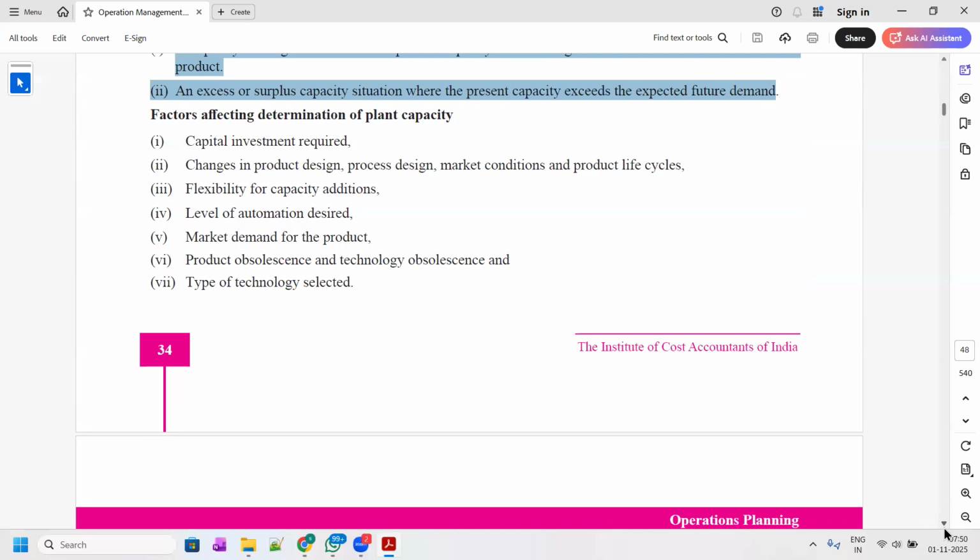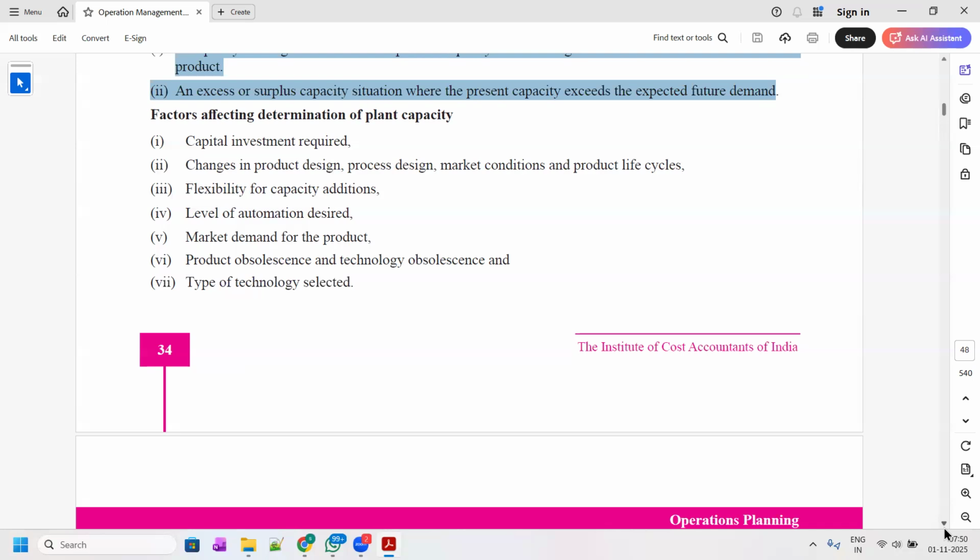The third factor can be the flexibility to increase capacity in the future. We always need to have room and scope to increase the current facilities.